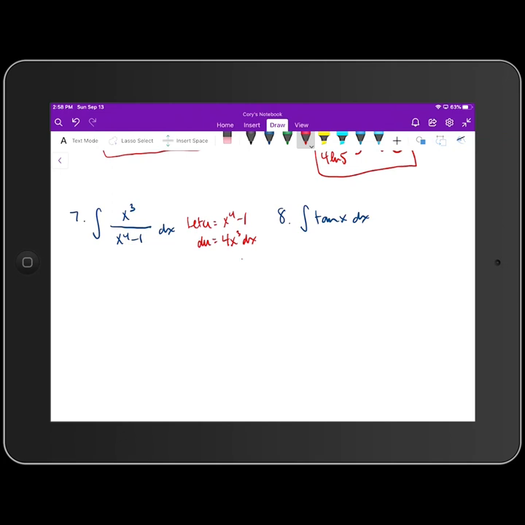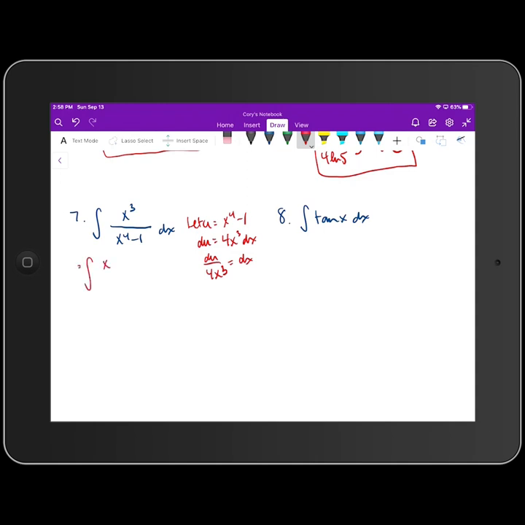When we isolate dx, that's going to put that factor of 4x cubed into your denominator, which hopefully you're able to cancel with a factor of x cubed in the numerator, which happens to work in this particular case.